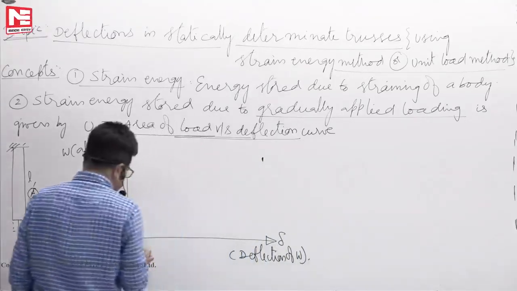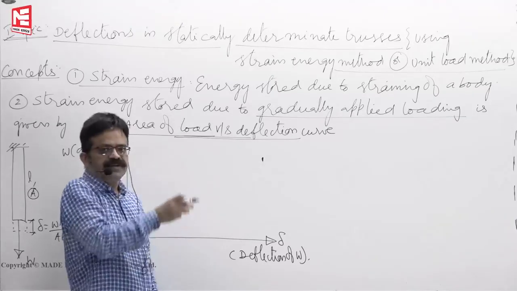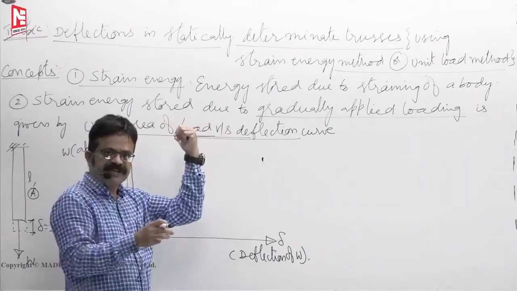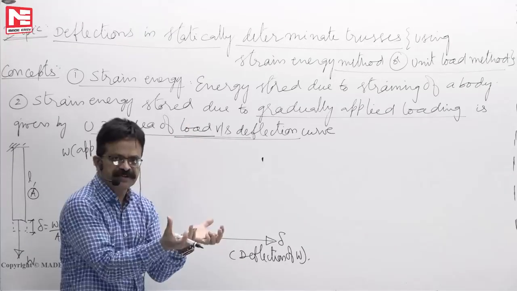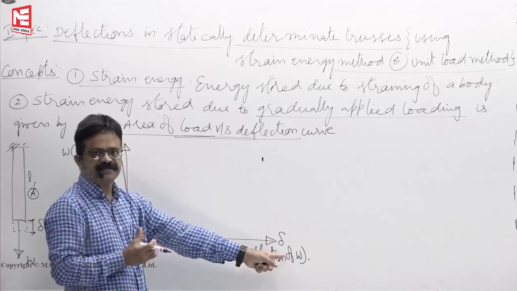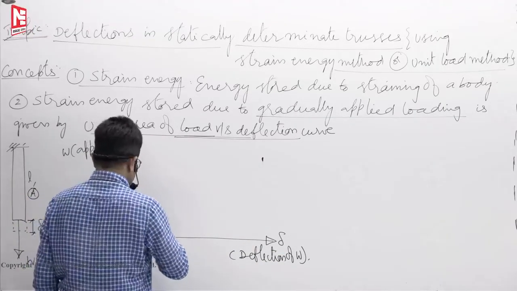So when the applied load is 0, deflection is also 0. As you increase the load, the deformation in the member increases, so the load also will come down. How much you are applying the load is here, and how much it comes down is here. So this is the area of the load versus deflection curve.